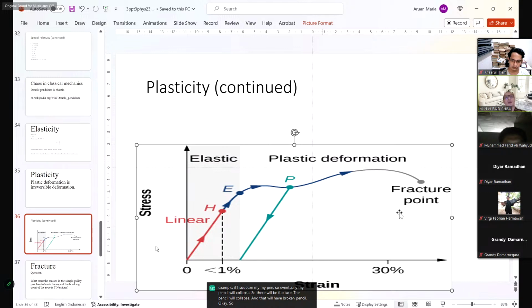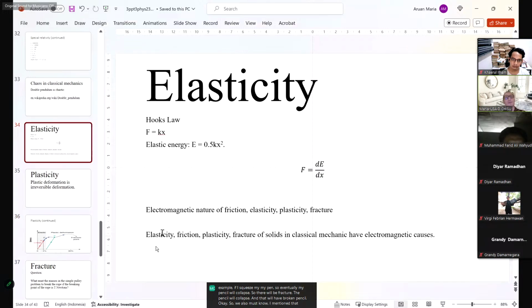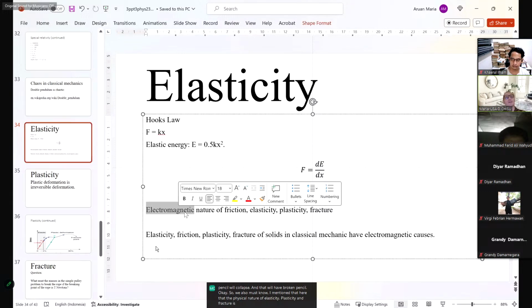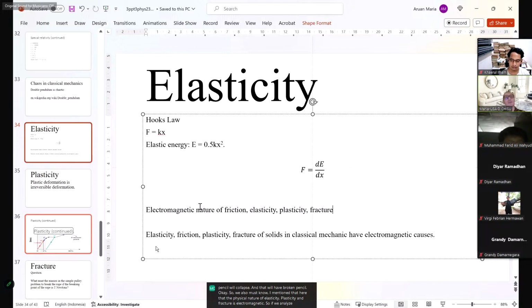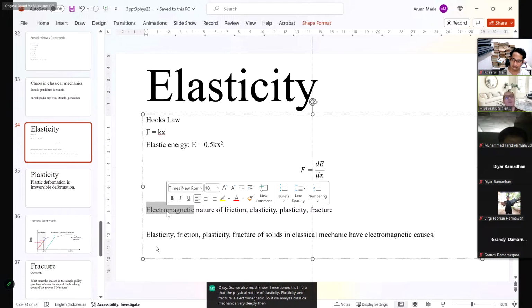We also must know, as I mentioned here, that the physical nature of elasticity, plasticity, and fracture is electromagnetic. If we analyze classical mechanics very deeply, then eventually we will get to electromagnetic forces, which are volume forces, which are the topic of another chapter of physics, electromagnetism.